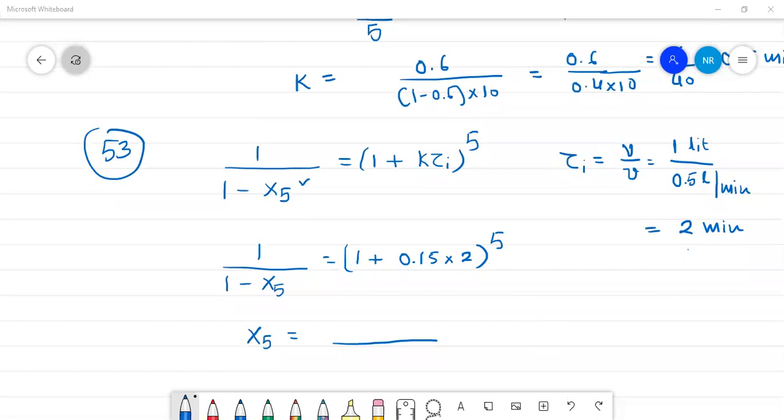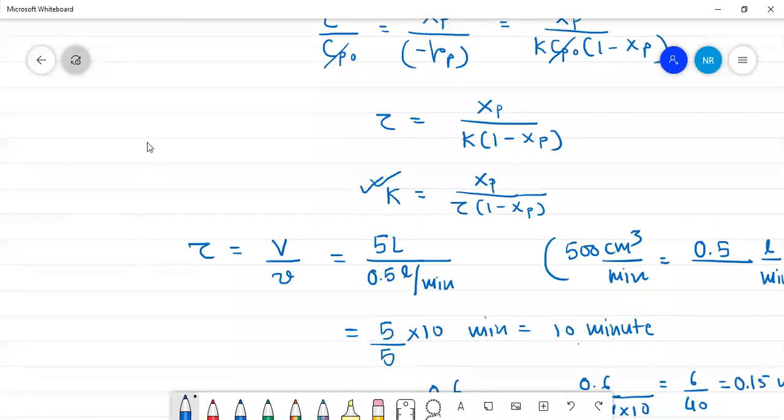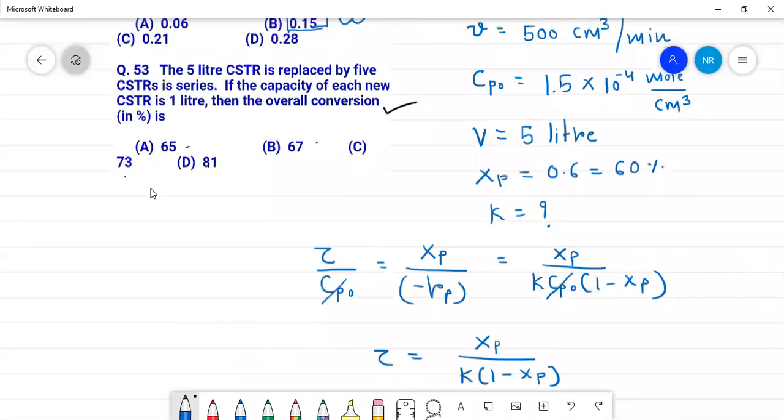Okay, it's 73 percent, 73 is the correct answer. So let's see whether we have option 73. Yes, C will be the correct option. 73%.